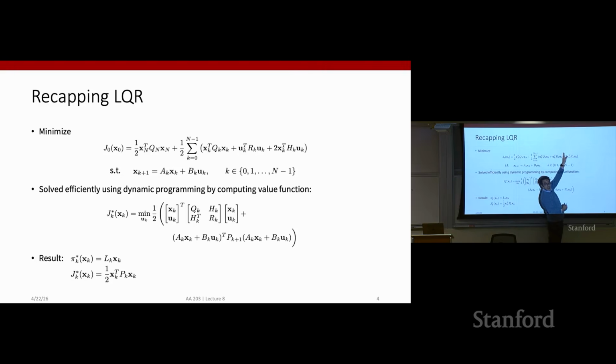Not to over-index too much on the symbol, this Q is not the matrix that you choose. I couldn't call it psi. Psi is not great for a matrix. I couldn't call it W. So don't think of it as the same Q. This is just a generic matrix that you choose as a designer.